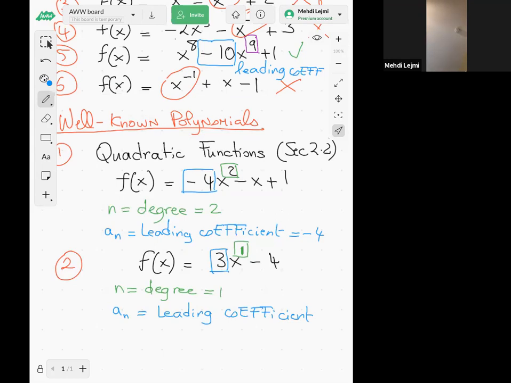Whenever I have just power 1 of x, like ax plus b, then such functions are actually called linear functions.